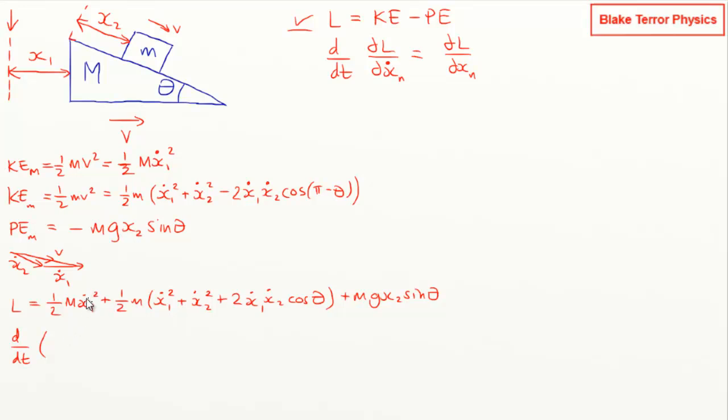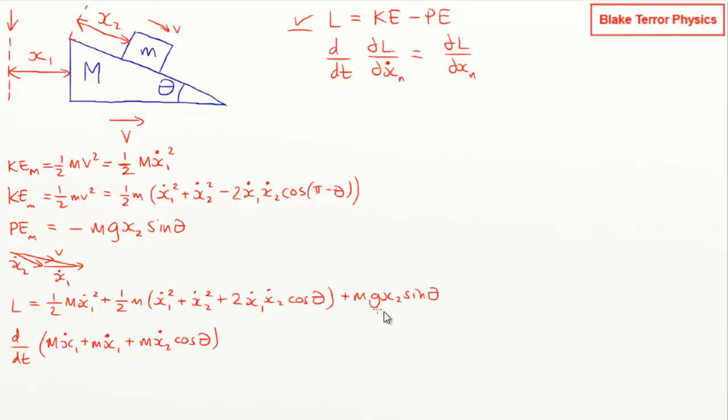So we need all of our x1 dots, and we need to differentiate those and treat everything else as a constant because it's partial differentials. So we're going to get capital M x1 dot there. We've got this first term here, which is going to give us small m x1 dot. Then we've got another x1 dot here, so that is going to give us a little m x2 dot times cos theta.